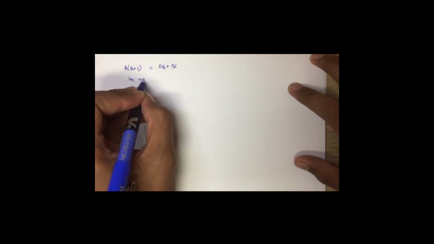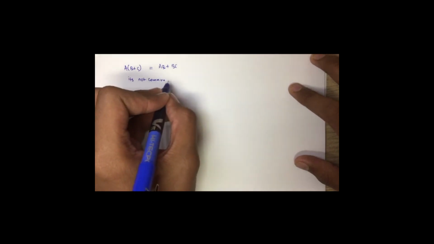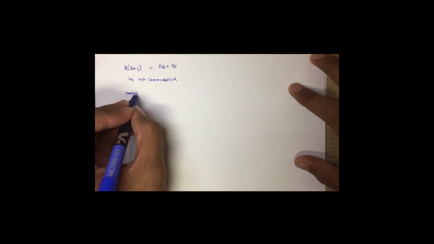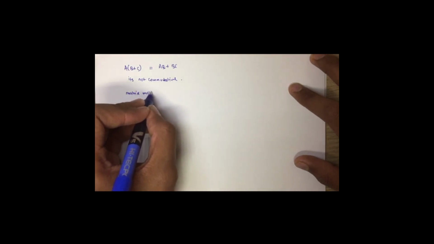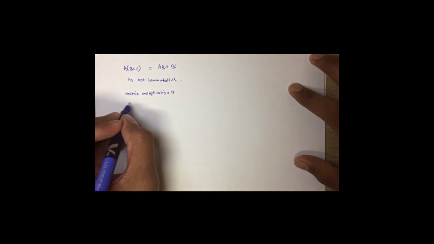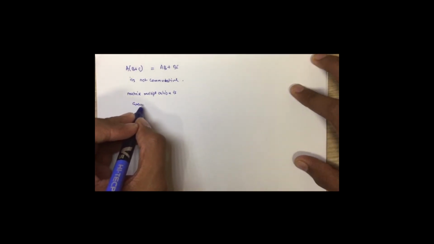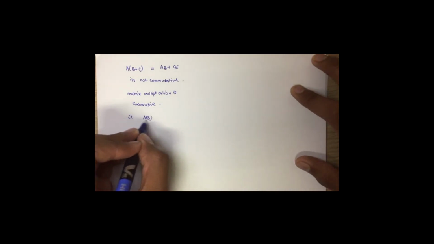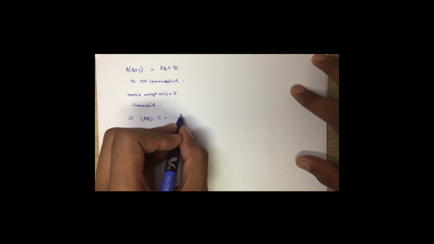It's not commutative, it may or may not be, but again, we take the case where it's not commutative. Matrix multiplication is associative, that is, AB into C is A into BC.